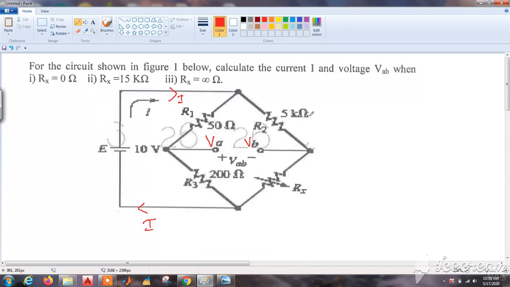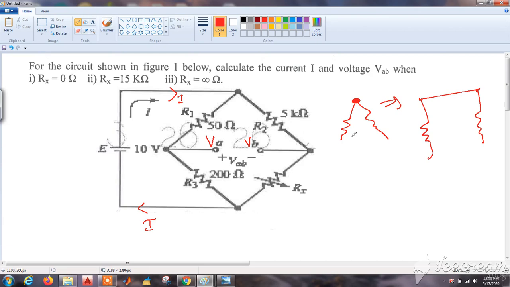For simplicity of understanding, I can replace this point, from which the resistances are emerging, with a line of wire. It makes no difference whether it is a point or a wire like this, because both are connected on the same platform.